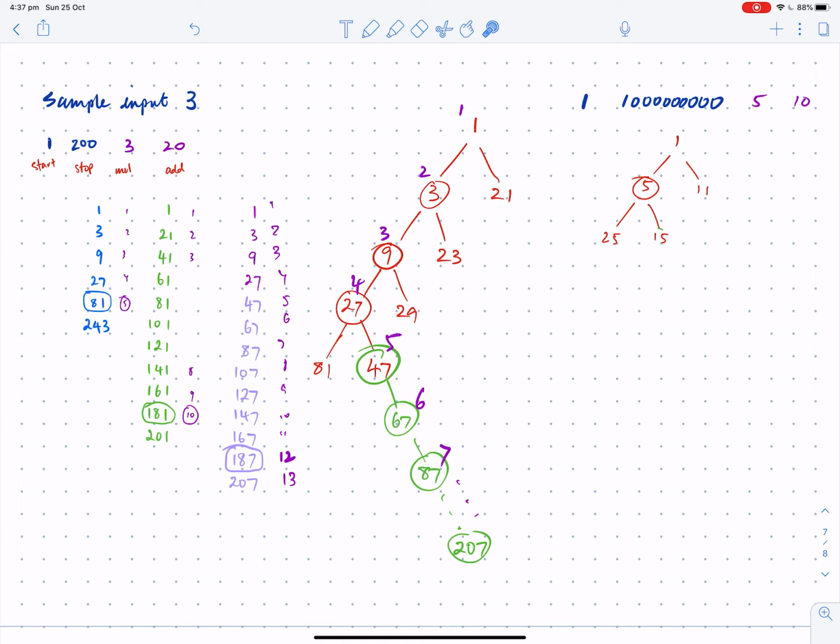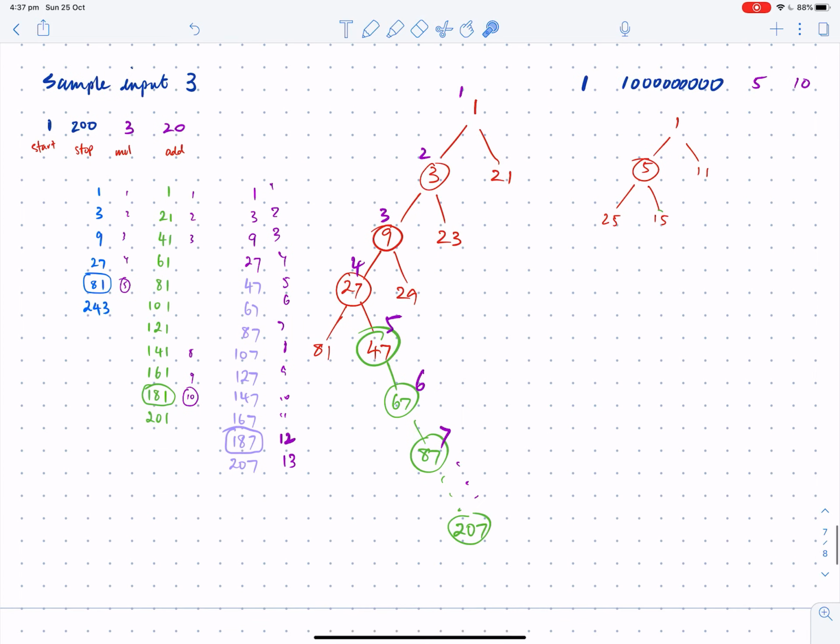But if you actually count every number on the way up to the target, then you're doing too much work. And so you need to work out how many steps there will be by adding, by using division, instead of actually doing all that counting. Okay, so you can have a go at implementing that yourself if you like. And good luck.